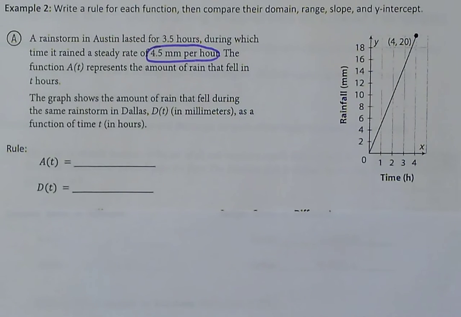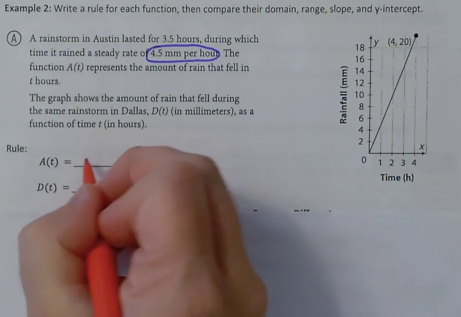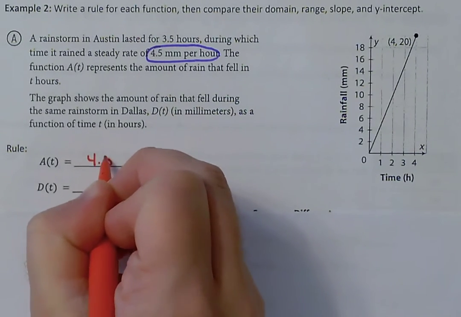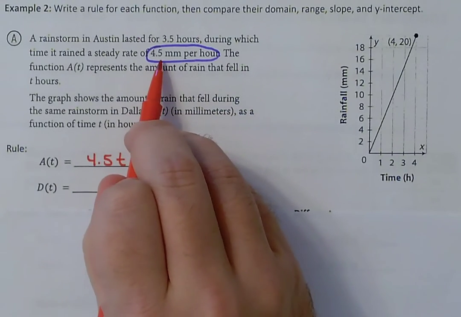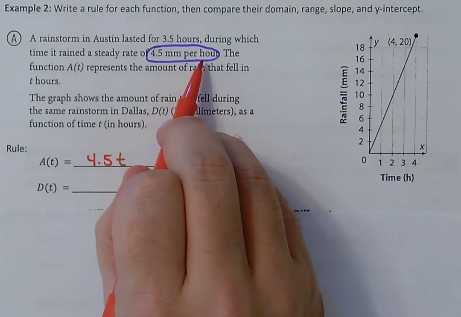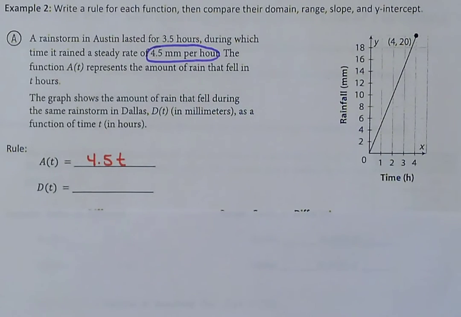The rule for a of t is going to be 4.5t, because it rained 4.5 mm per hour. Now, there was nothing about starting out or an initial amount, so we just start at 0, so it's just 4.5t. There's no plus or minus number.